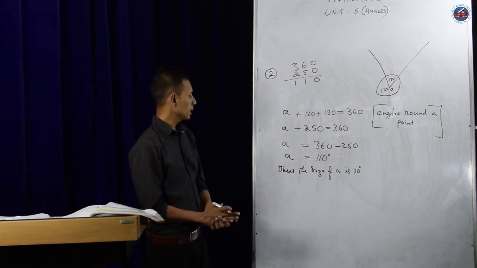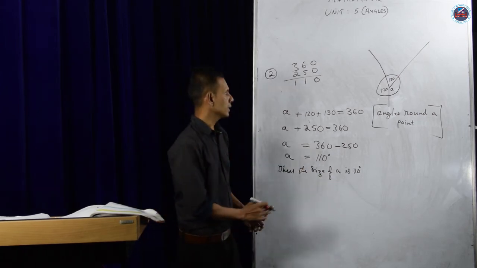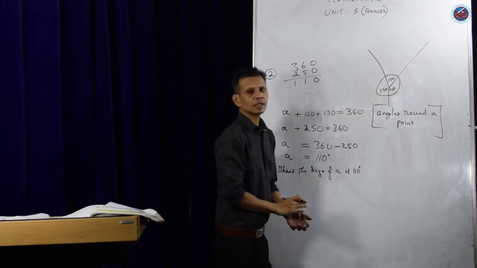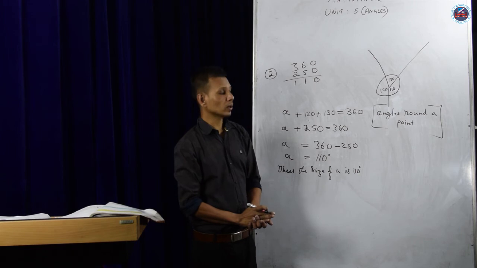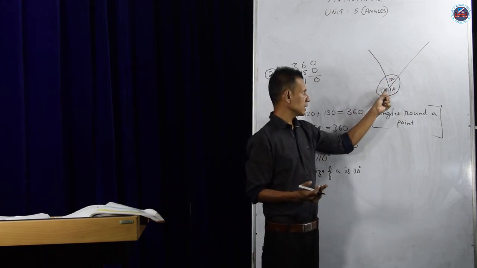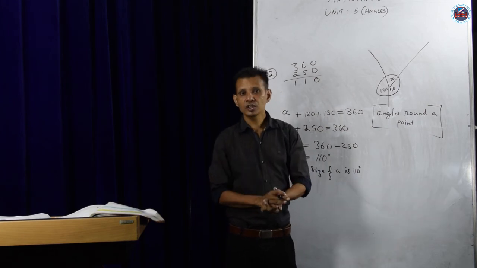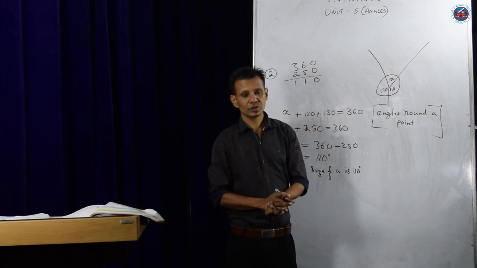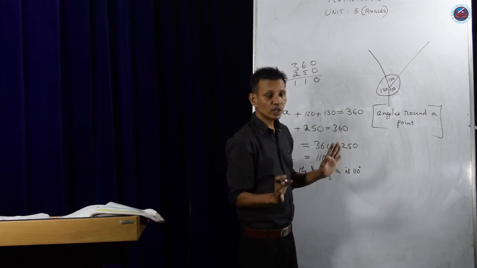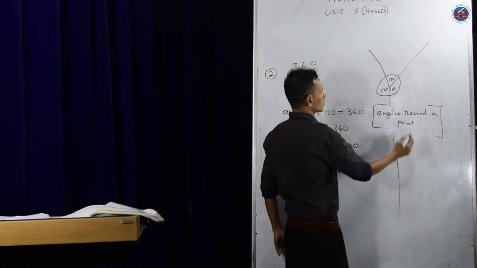Okay, A you got 110. Now you are not sure whether 110 is correct or not. What will you do? When you add up these, you will get 360 degrees, not 180, because these are not a straight line. It's round a point. Round means 360. Let's check whether I'll get 360 or not.